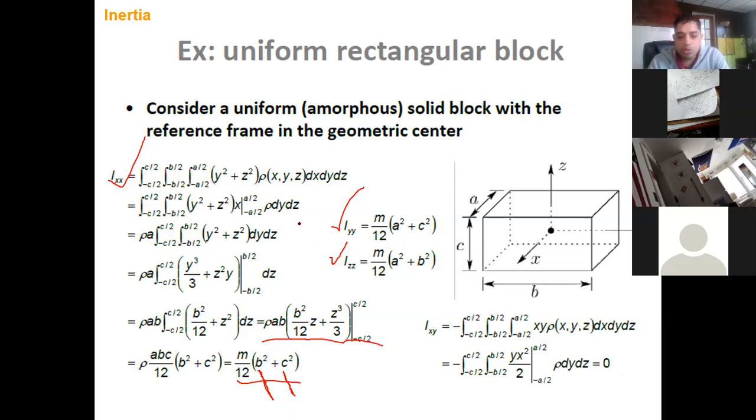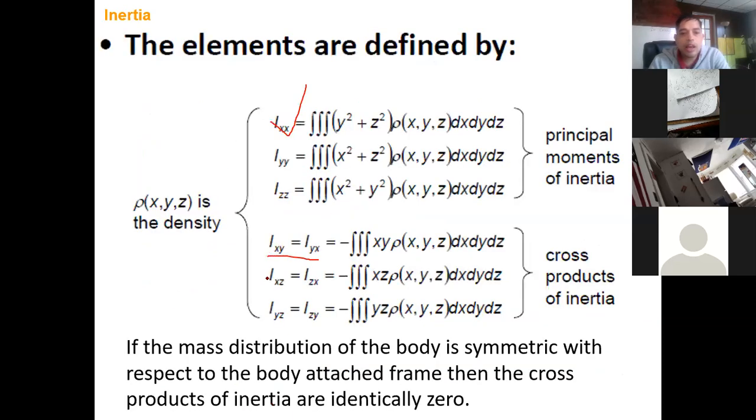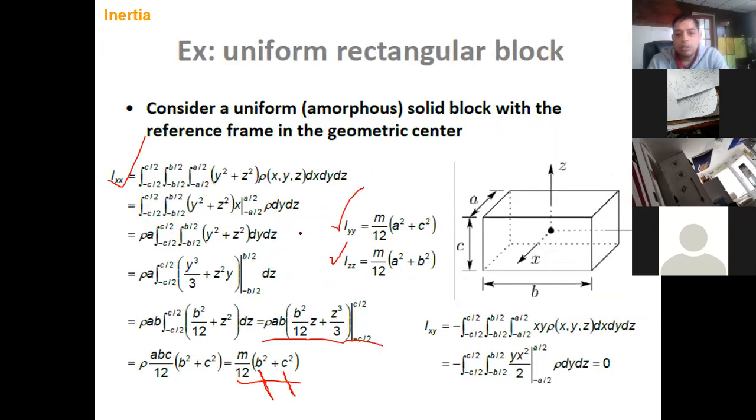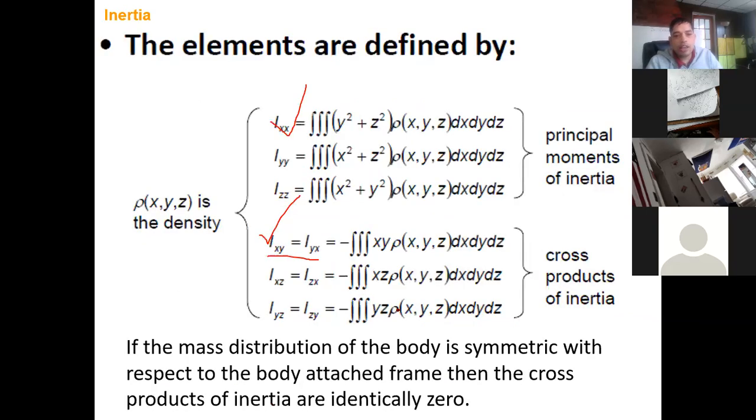Now similarly, let's do one more thing here. Let's do IXY, then the others also follow. So if you do IXY, what is the formula? Negative triple integral of XY rho times the volume element. If you have XY here, then you also have XY here.